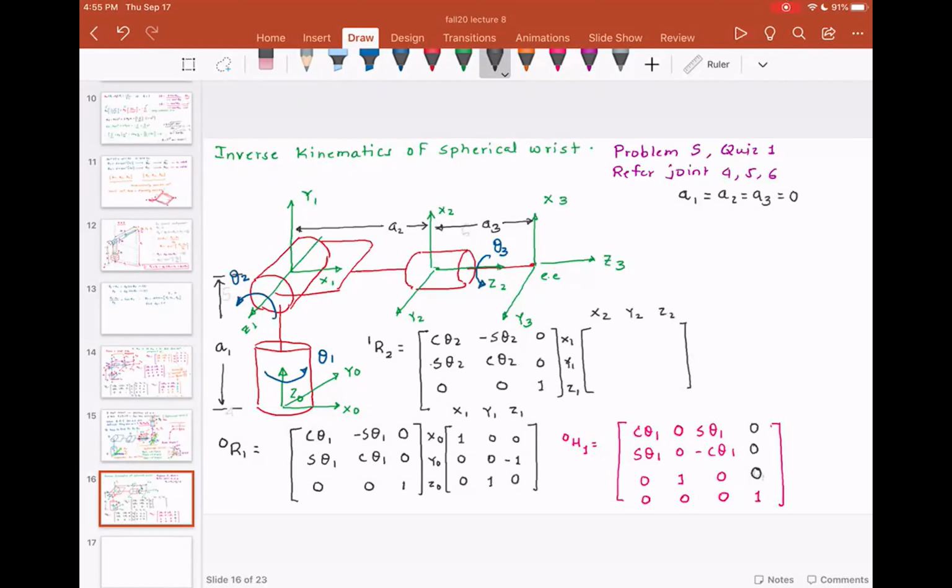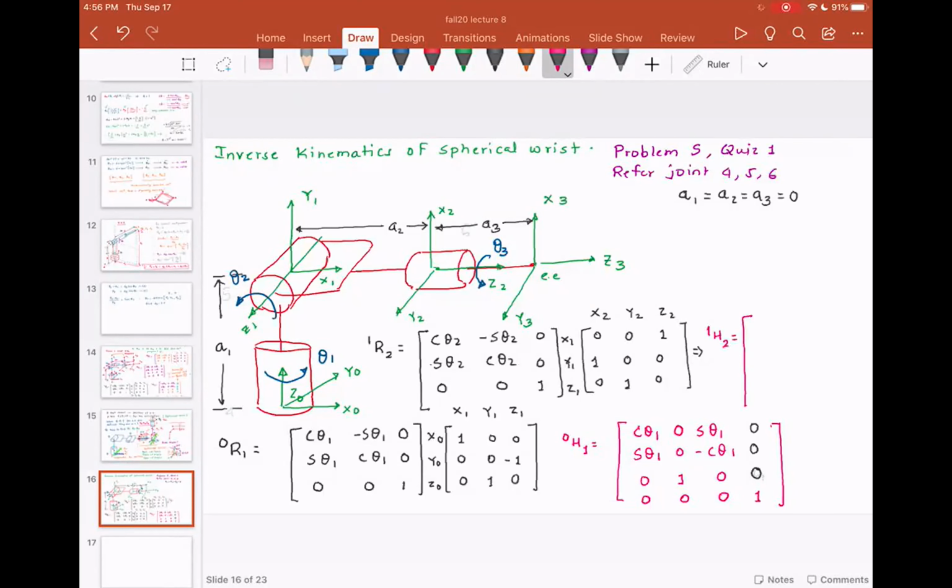So let's look at x2. x2 is in the orientation of y1, 1, 0, 0. y2 is in the orientation of z1, and z2 is in the orientation of x1. That allows me to find the second homogeneous transformation matrix, and I'm going to write that down directly, which is 1H2.